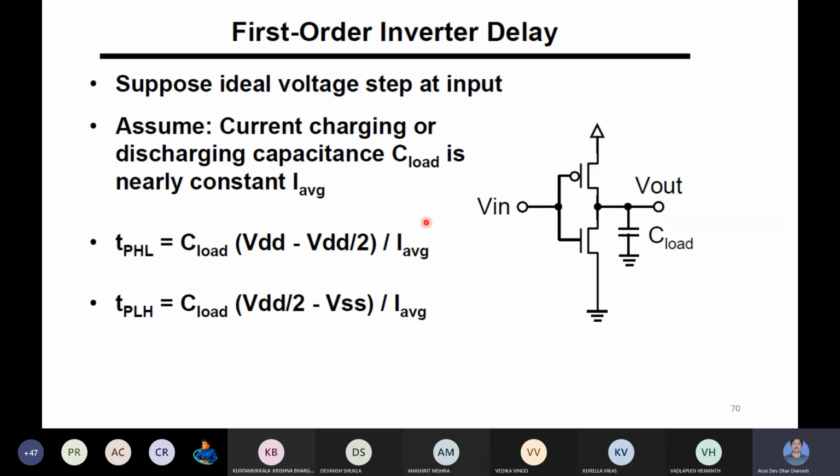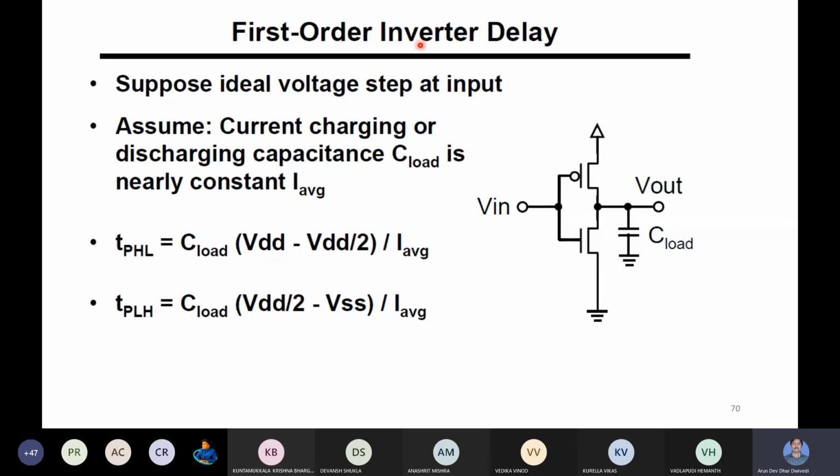If you want to find the time T, Q is C into the change of voltage. So time delay can be calculated by C into change of voltage divided by average current. So C load, VDD minus VDD by 2, when it is going from high to low at the 50% point. So TPHL equals C load times (VDD minus VDD by 2) divided by I average.